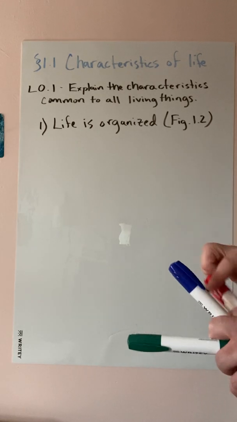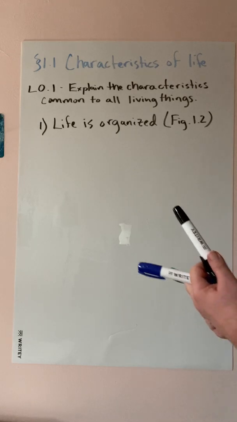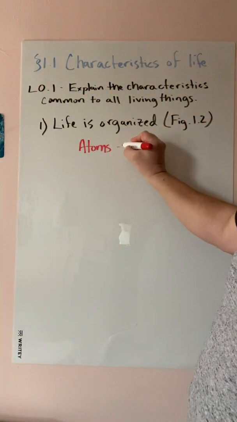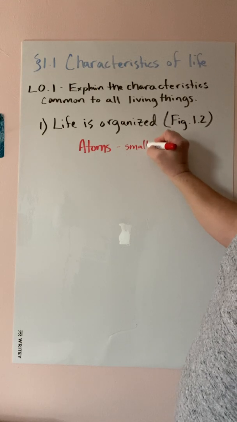We will start off in chapter 2, and we will start talking about the smallest units of life, or non-living. Atoms, these are the smallest units of matter.